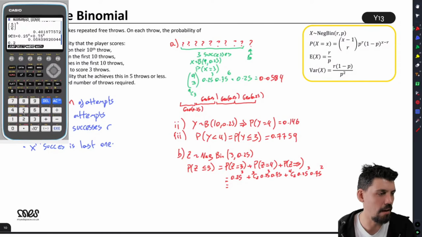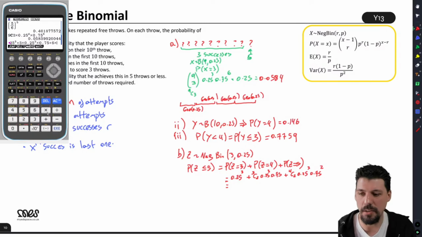And I'm going to be that guy. I'm going to do it all in one go. So 0.25 cubed plus 3 choose 2, which I know is 3 because I was well good like that, plus 4 choose 2 is 6. Or you can go get it yourself, right?